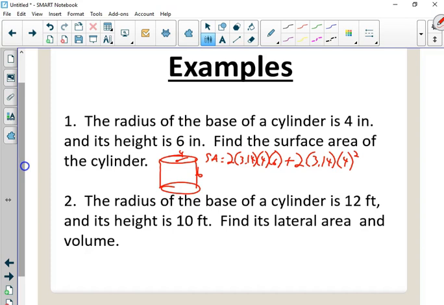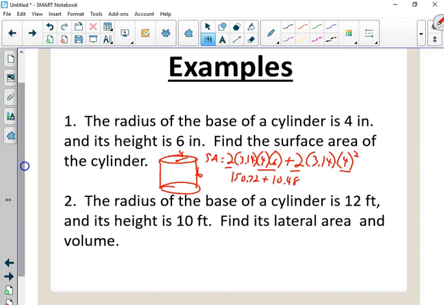And now we just crunch the numbers. 4 times 6 is 24, times 2 is 48, times 3.14 is 150.72. And then 4 squared is 16, double that is 32, times 3.14 is 100.48.